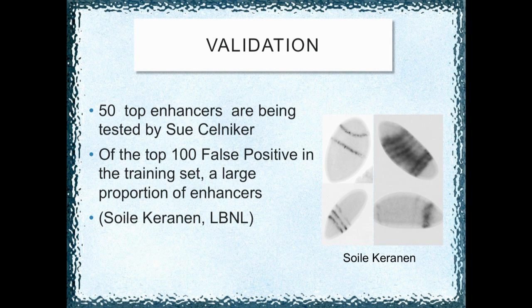For validation, Sue Celniker is making transgenic flies holding 50 of our top enhancers. But while these results are not yet in, we have gone back to look at our training set and looked back at our false positives. That is, those regions that our model predicts should be enhancers, but the experimental results said are not.